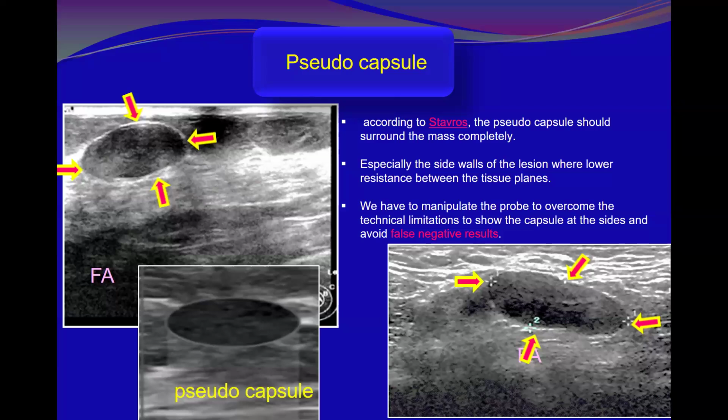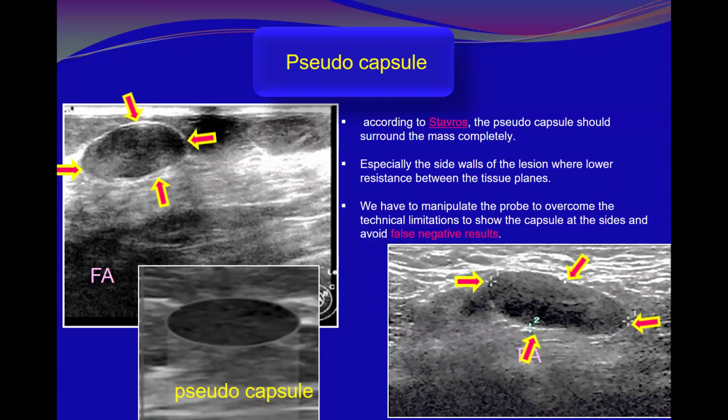According to Stavros, the pseudocapsule should surround the mass completely to label it as BI-RADS 3, as probably benign, especially the side walls of the lesion, where there is lower resistance between the tissue planes. It has to be visualized, and usually the resolution is good anterior and posterior, but the lateral or coronal planes of the lesion are usually technically challenging.